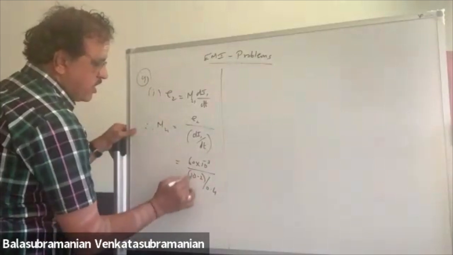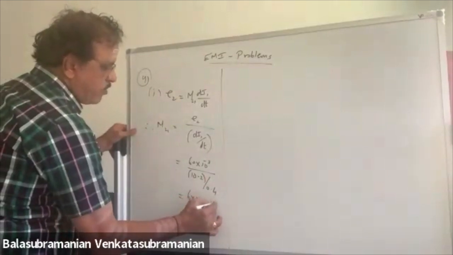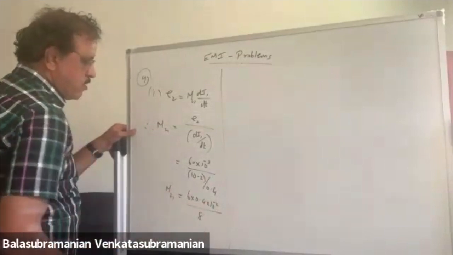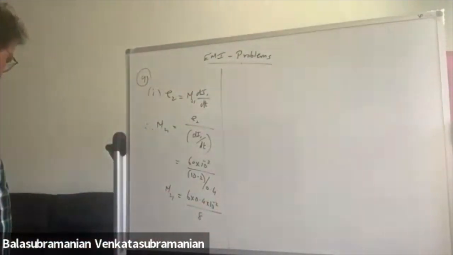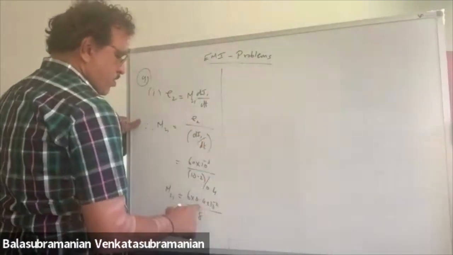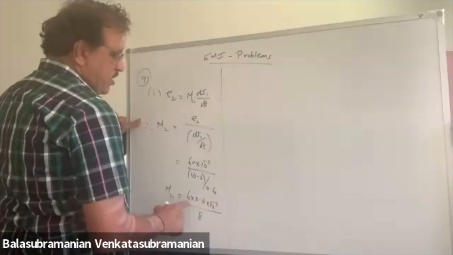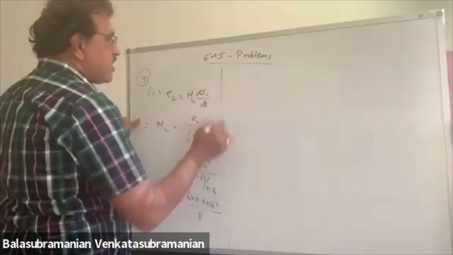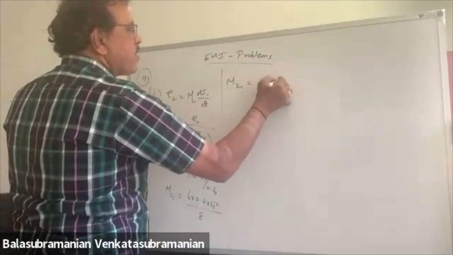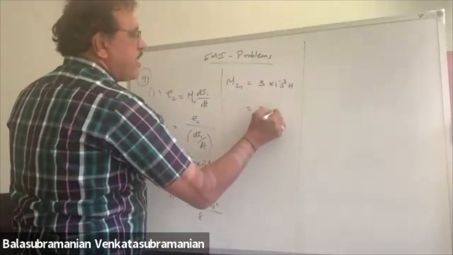So 60 into 0.4 into 10 power minus 2 by 8. Simplify, it is 4 into 10 power minus 3, that is 24 by 8. M21 is 3 into 10 power minus 3 Henry, that is 3 millihenry.